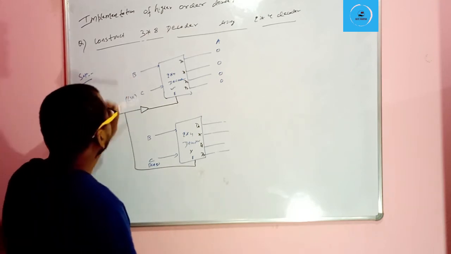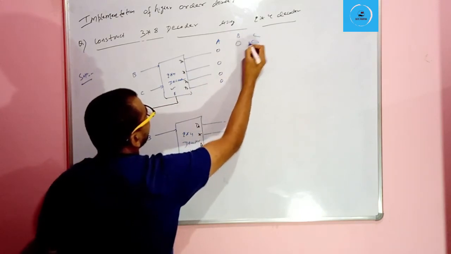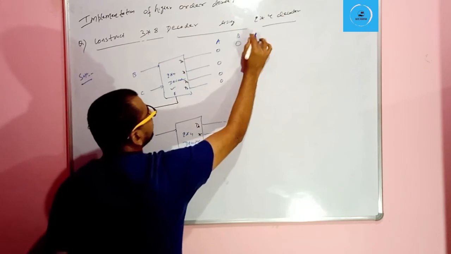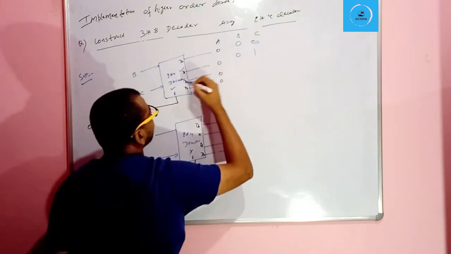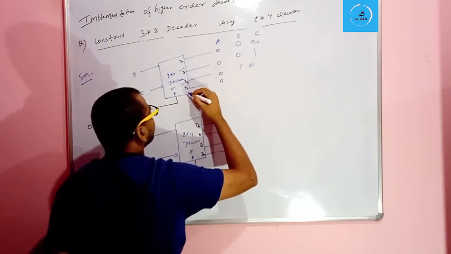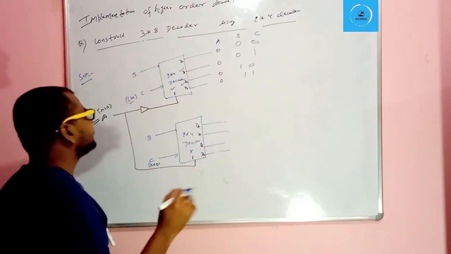So if B and C are 0 0, then this D0 will be selected. If B and C are 0 1, then D1 will be selected. If B and C are 1 0, then D2 will be selected. And if B and C are 1 1, then D3 will be selected.